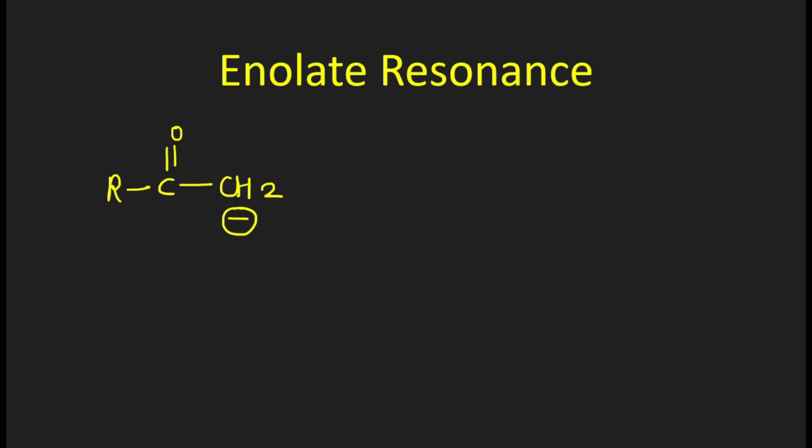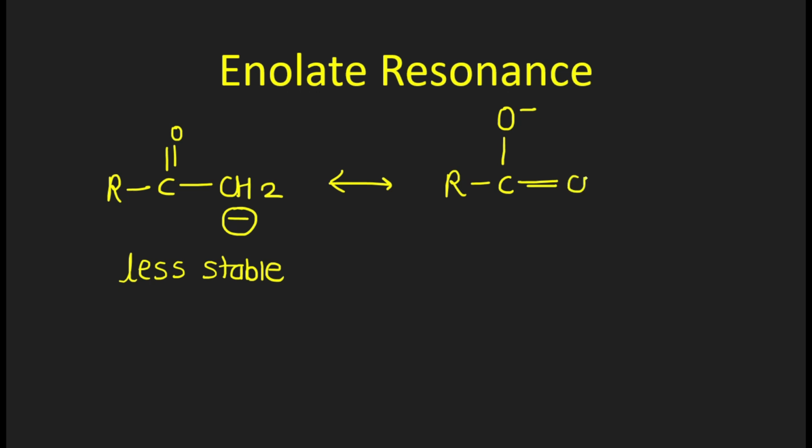One important thing, enolate resonance, from where our question starts. Enolate means a carbonyl group to which a carbon atom is attached at which there is a negative charge. This structure is actually less stable, and there is a resonance hybrid structure of this also, where we make the negative charge on the oxygen and the carbon is now bonded by a double bond.